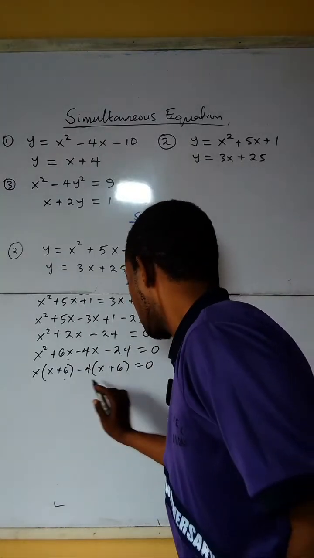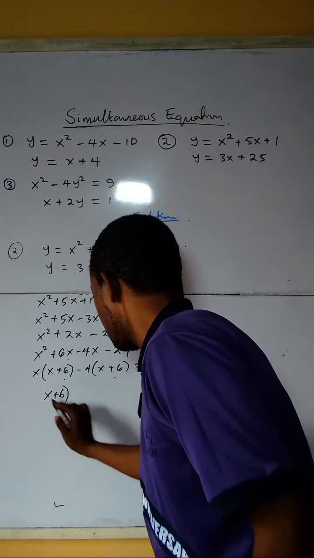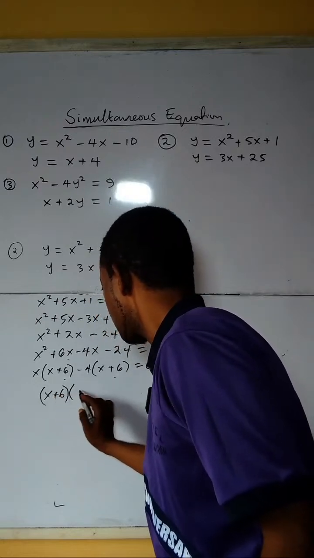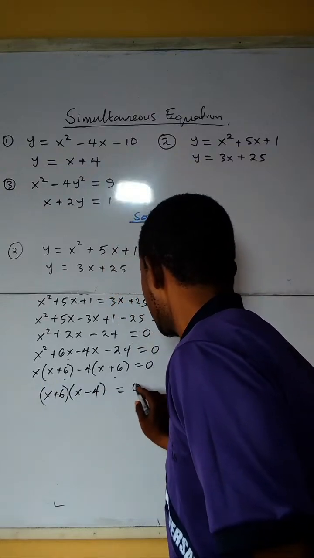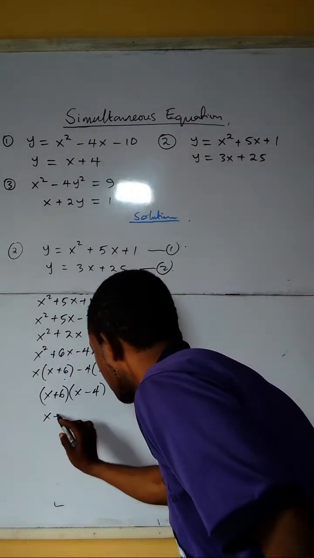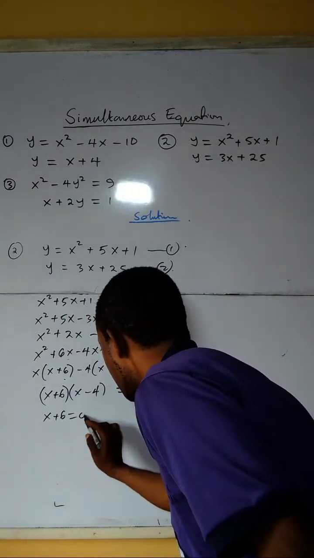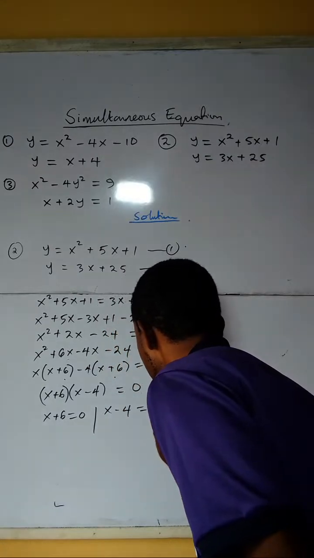That is, x plus 6 is common now, which implies x plus 6 into bracket, open bracket, x minus 4 left, then equals to 0. So we have either x plus 6 equals to 0, or x minus 4 equals to 0.